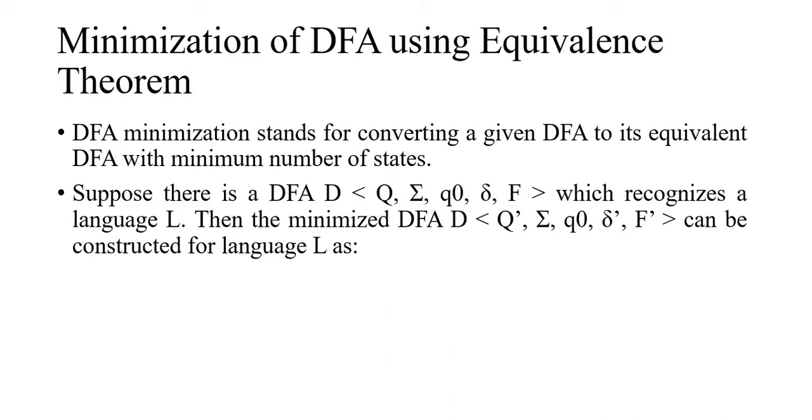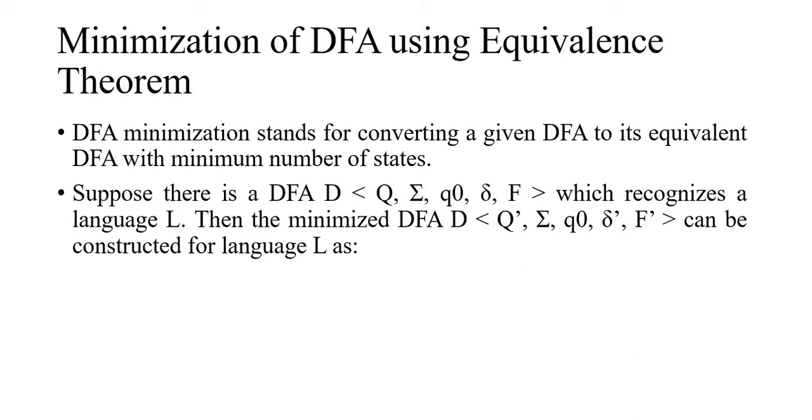You already know how to draw a state transition table from a DFA. So DFA minimization stands for converting a given DFA to its equivalent DFA with the minimum number of states.